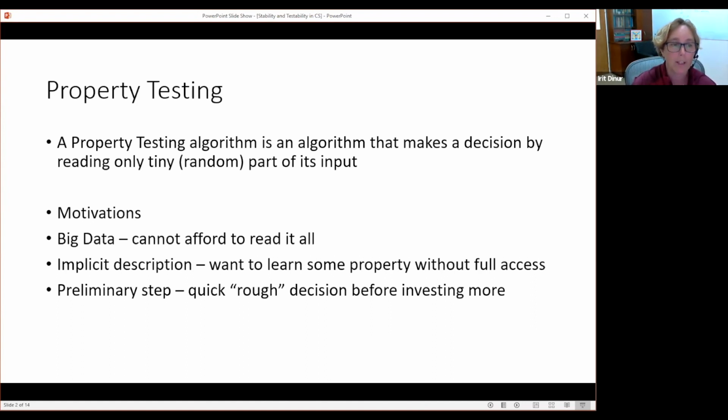What would be an example of such behavior? Suppose you have some error correcting code, and you get some string, and maybe there is some noise in the string. You need to decode the string, which means to clean it from the errors. We have algorithms for that, but these algorithms need to read the entire string and do some computation, and they will only work if the amount of noise is small.